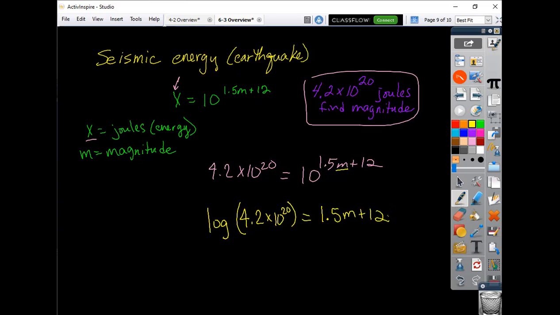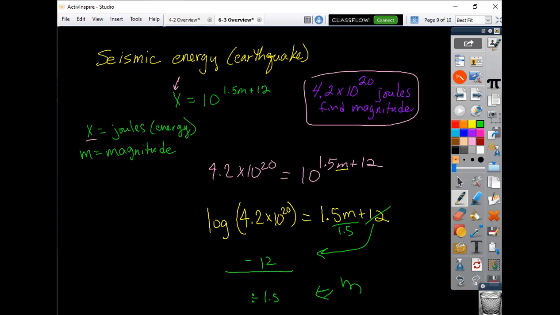When I go to solve this, after the left side, which is just calculator work, I'm going to subtract the 12 over, and then divide by this 1.5. That'll give me my m. So here we go. Log on the calculator of 4.2 times 10 to the 20th, enter.